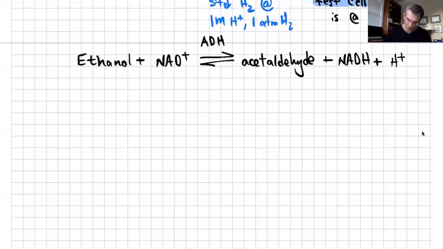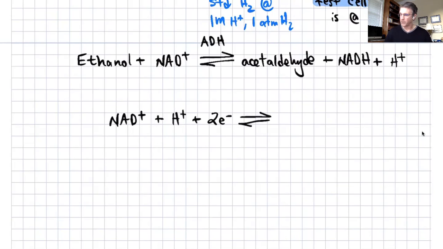So we do that. The two half reactions would be, in this case, NAD plus, plus proton, plus 2 electrons, right? So this is the standard reduction potential half reaction for NAD plus to NADH. And that standard reduction potential at pH 7 is equal to minus 0.320 volts.